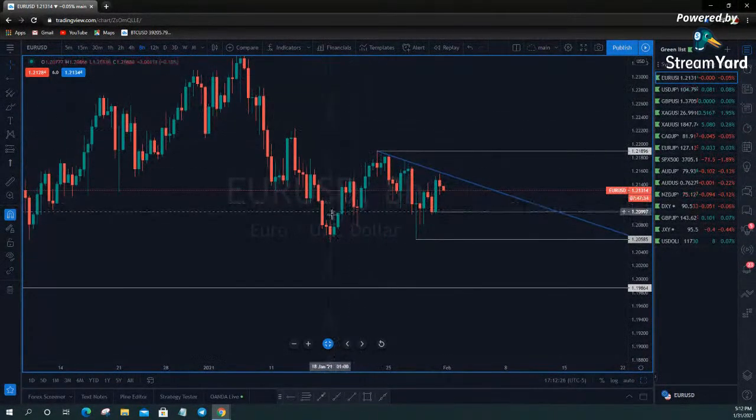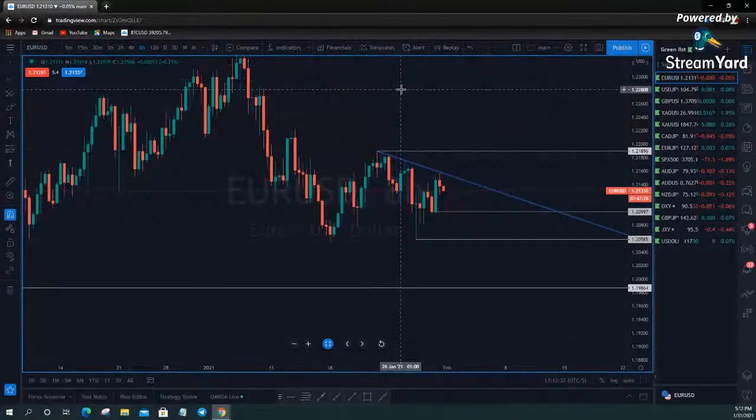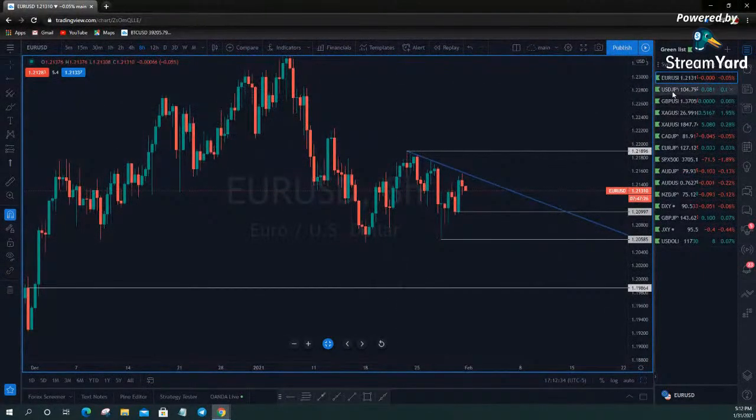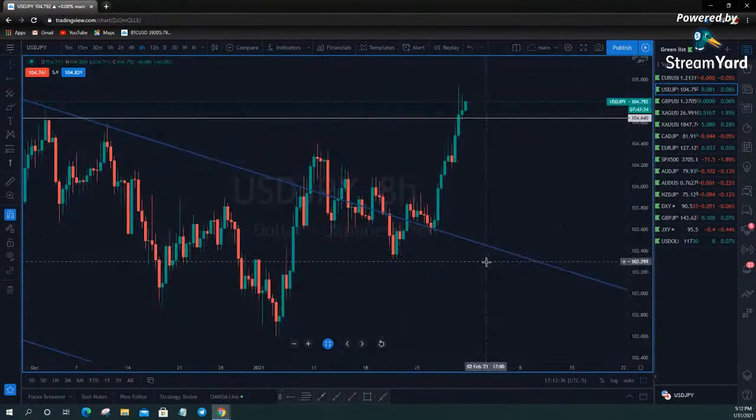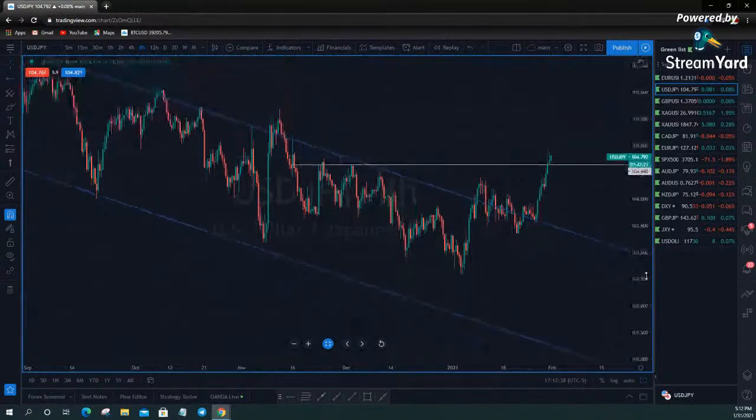So my first target on the bear side is 1.20585. First target on the bullish side, 1.21896.